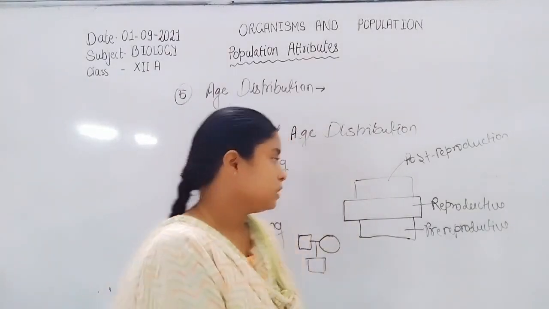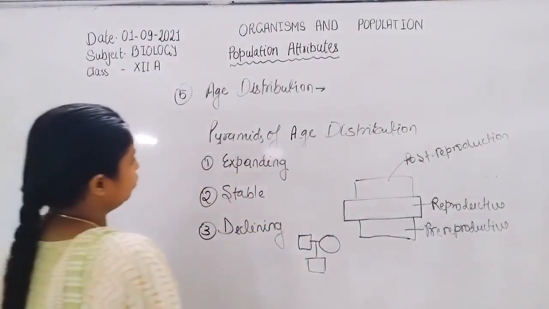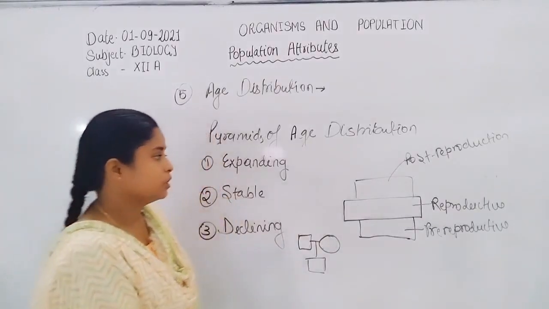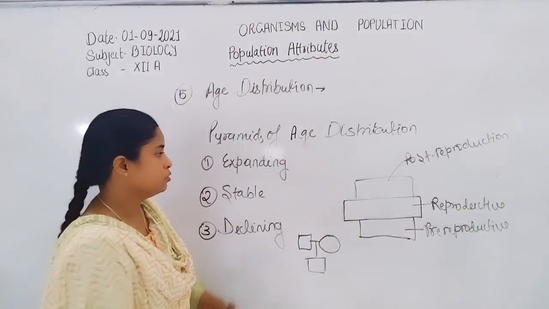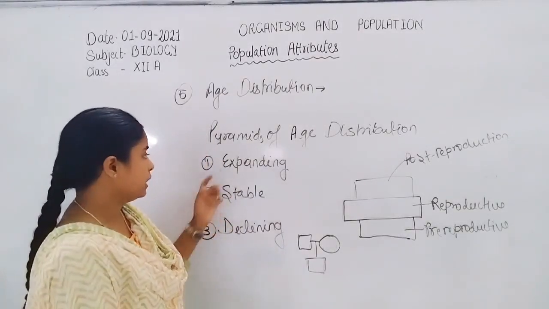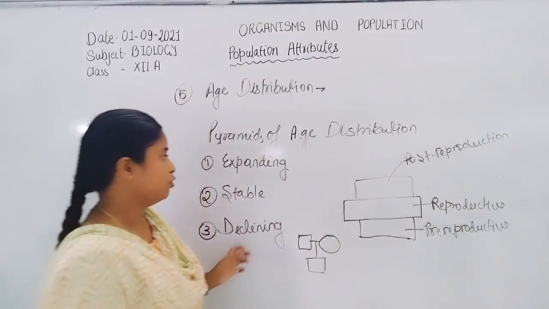Now next is population distribution. On the basis of age distribution, the pyramid will always show three types: expanding, stable, and declining.